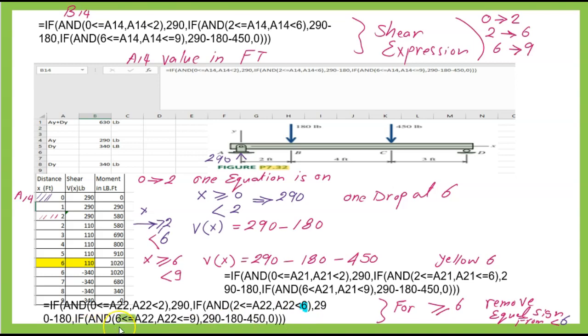If and A22 bigger than or equal to 6, this is here in order to find the step value, comma A22 less than or equal to 9. We close and then we write 290 minus 180 minus 450, comma 0, and we have 3 brackets.